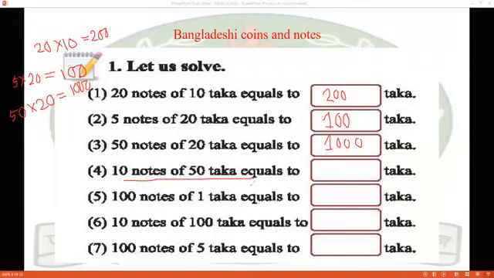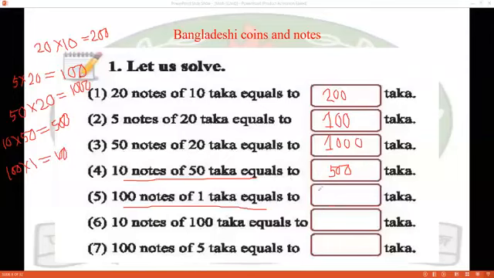10 notes of 50 taka, it will be 500. So it will be 500 taka. 100 notes of 1 taka, 100 into 1, it will be 100.